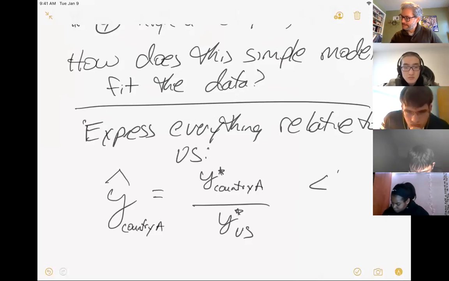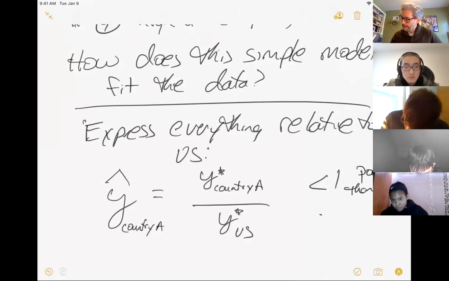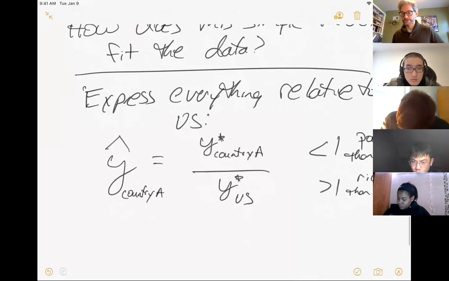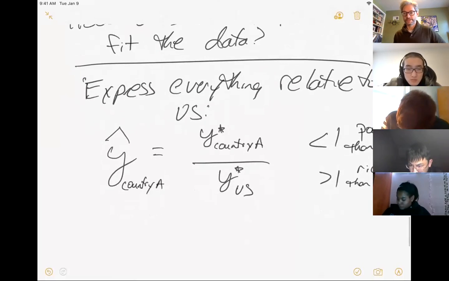If this is less than 1, then it's poorer than the US. If it's greater than 1, you're richer than the US. Most countries are poorer than the US, so y hat for most countries is going to be something between 0 and 1.